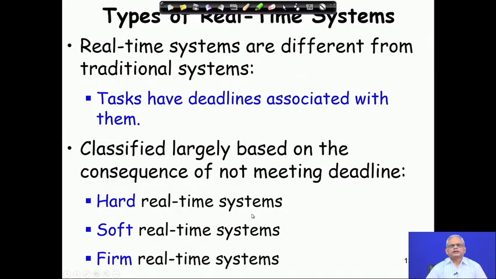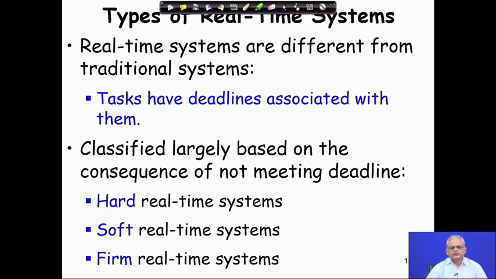Now, let us try to answer another basic question: what are the different types of real time systems, and how are these real time systems different from traditional systems? We had already said that in a real time system the tasks have deadlines associated with them.